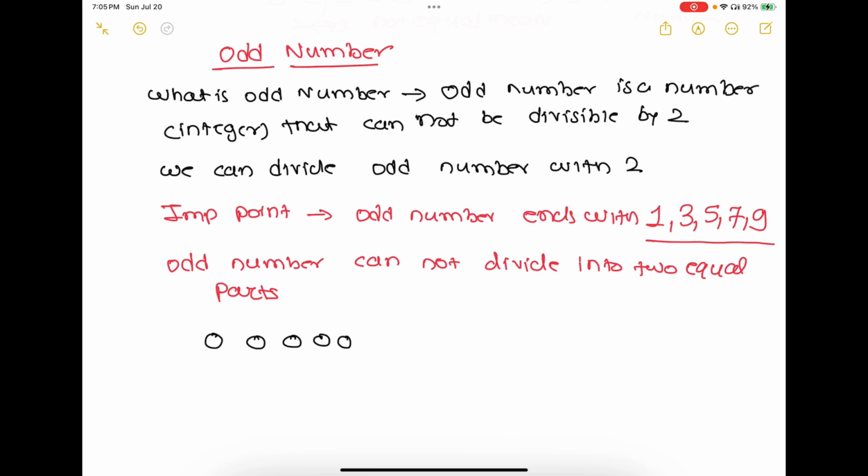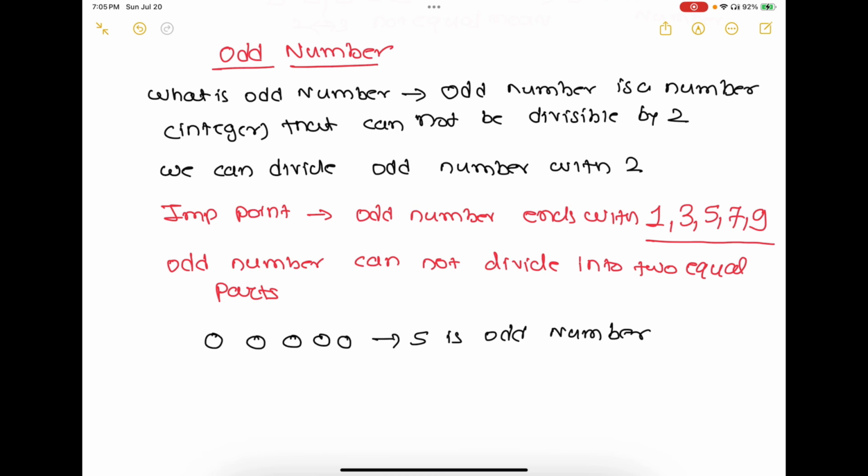Can we give 2.5 balls to one team and 2.5 balls to the other team? No, right? So either we need to give 3, 2 or 2, 3, and these are not equal parts. That means 5 cannot be divided into two equal parts. That means 5 is odd number.